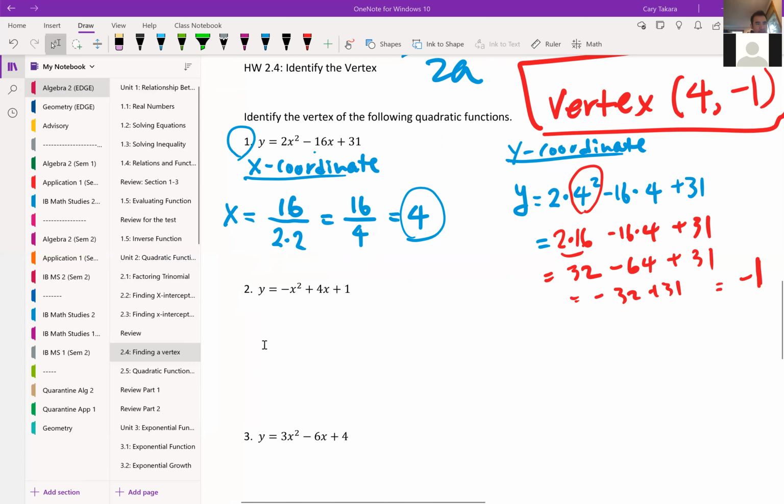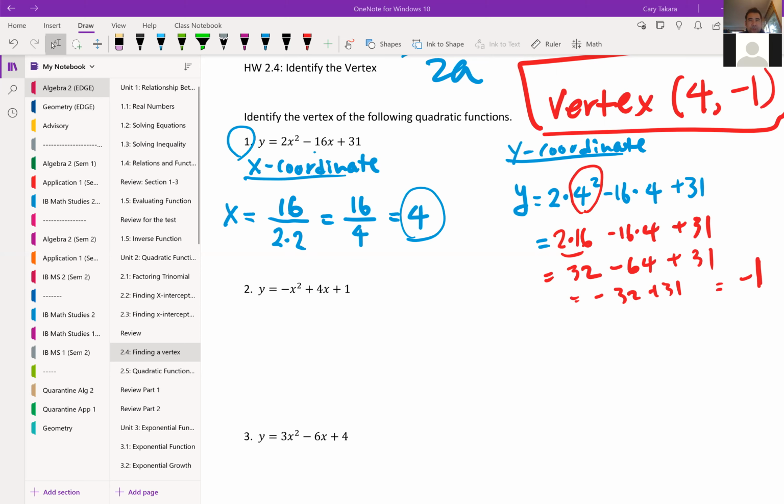Timer on my computer here. Anybody have any questions?